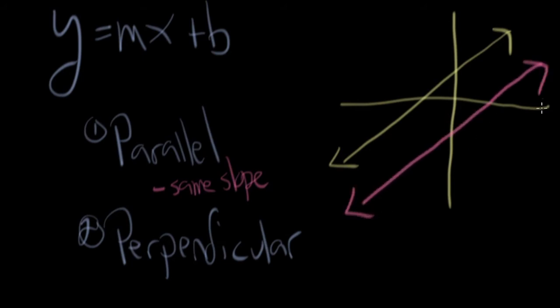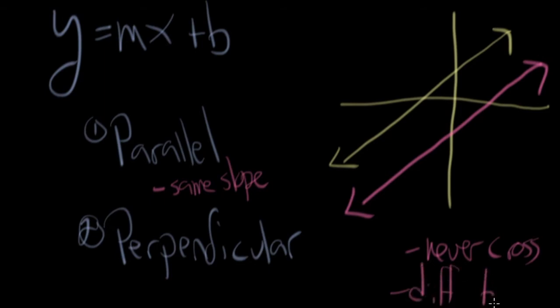They never cross. So they never cross, right? They go on forever, but they probably have different b's, different y-intercepts, okay?